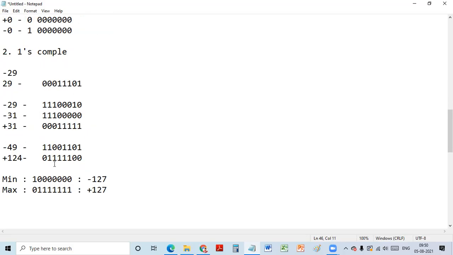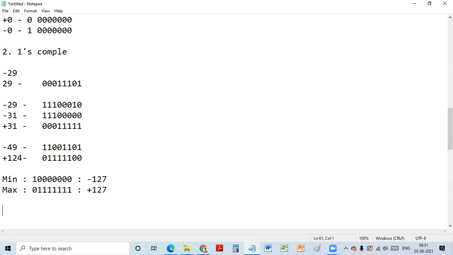So here in the 1's complement case, this is the advantage over sign magnitude. We will consider all the bits, treat them similarly as magnitude, and apply powers of 2 to get the value. Am I clear? So the first disadvantage can be overcome in the one's complement case.